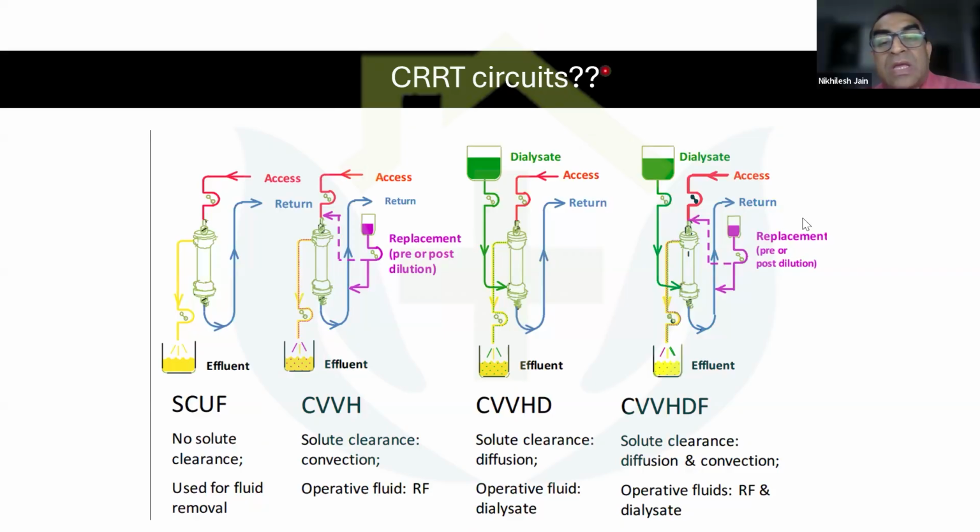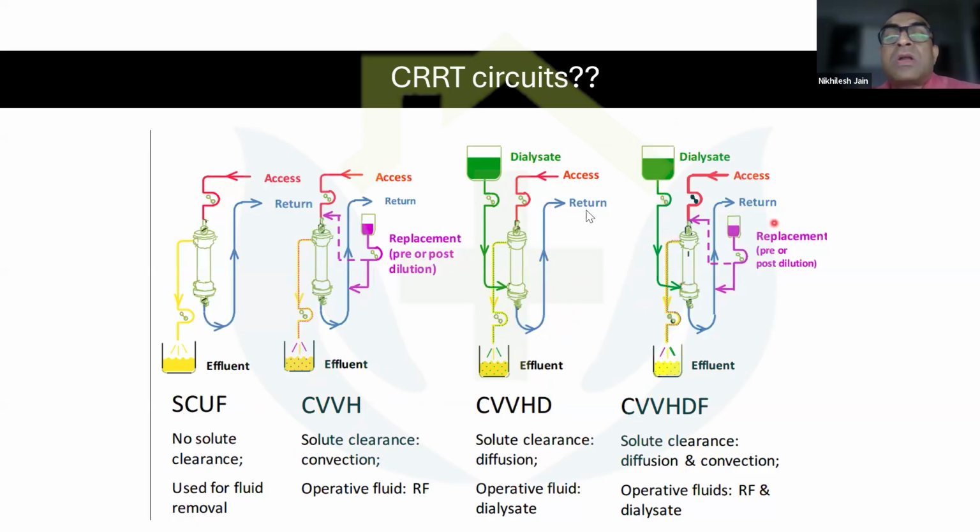Okay, fine. So, if you look at it this way, what I've done is I've used line diagrams to enhance your understanding. Here, if you can see it very clearly, the solute clearance is by convection, CVVH. And what you use here is a replacement fluid with post-dilution, simple as that, right? CVVHD, access remains the same, you use a dialysate directly into the dialysate cartridge.